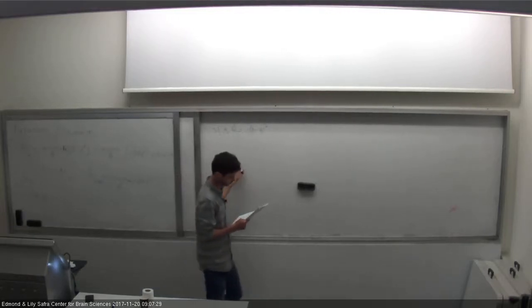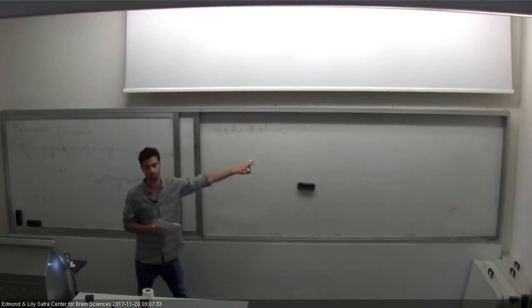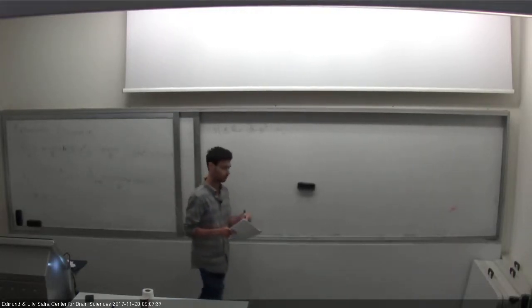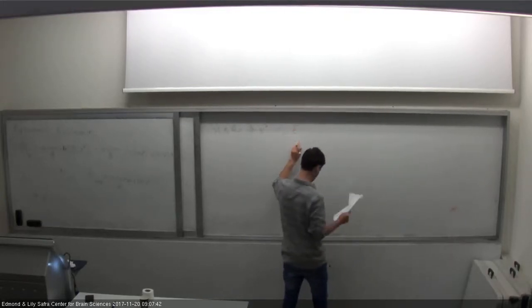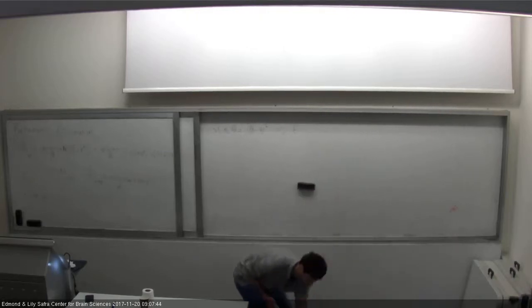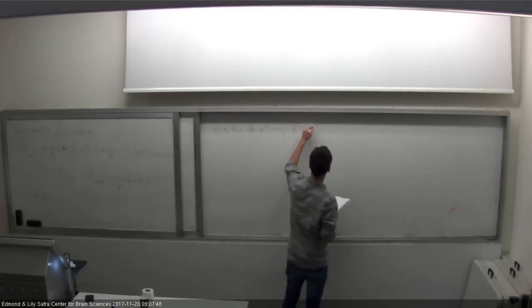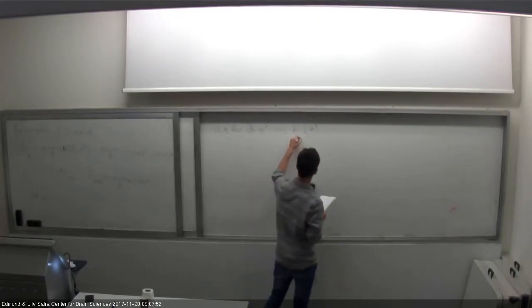And in this case, what is the optimal estimator? It's the expectation of theta over the posterior. Okay.